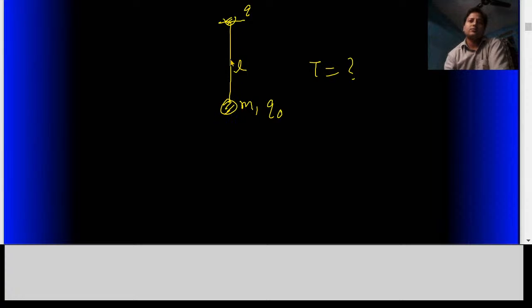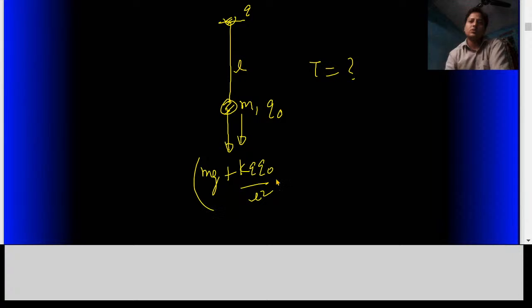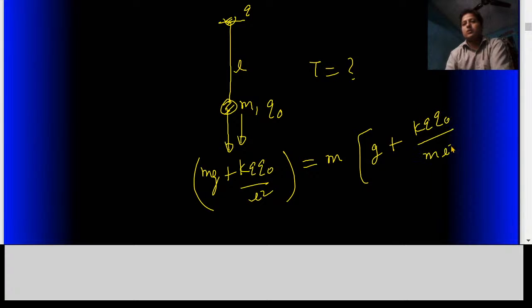We all know the forces are mg and the electrostatic force downward, k q q0 by l square, so the net force is this. Taking mass common, this comes out to be g plus k q q0 over m l square. So this is our required effective acceleration.